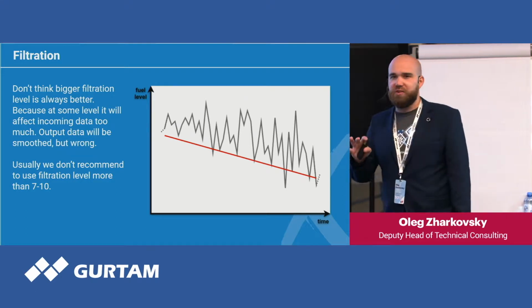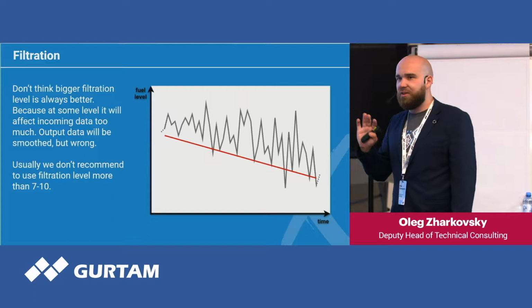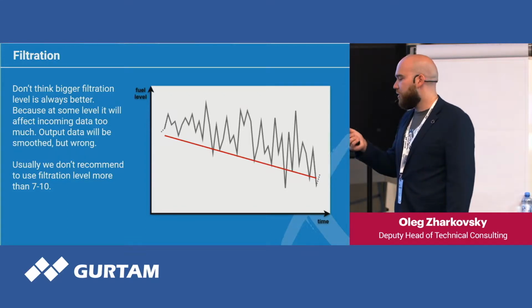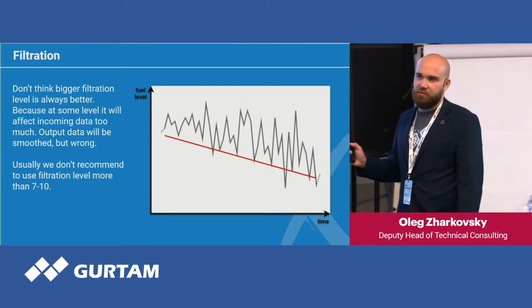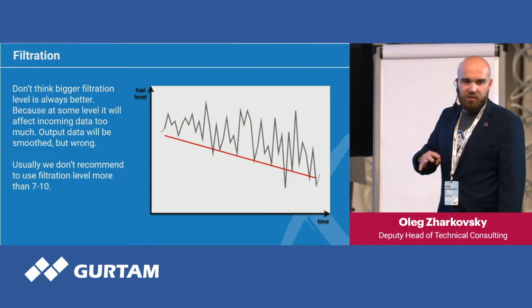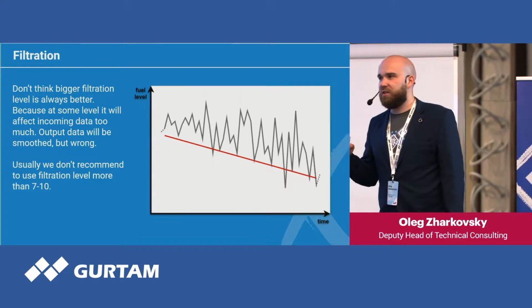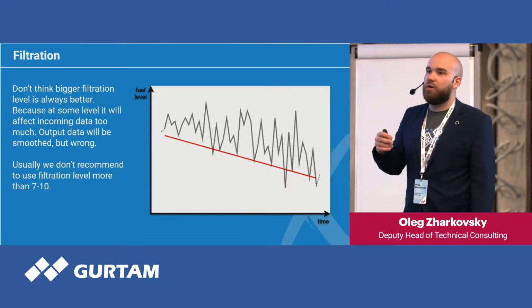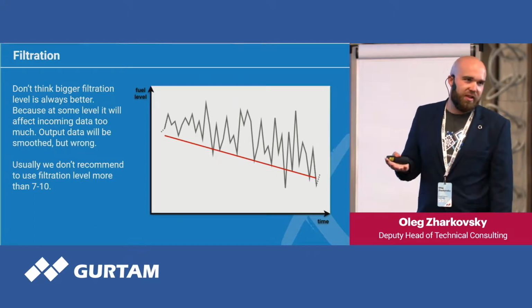So it will be very smooth, but wrong. So you should find something in the middle. And usually we recommend the maximum filtration about 7 to 10. So if I see a higher filtration level, it seems like the FLS data is not good enough. So I won't expect much from this fuel level sensor in that case.